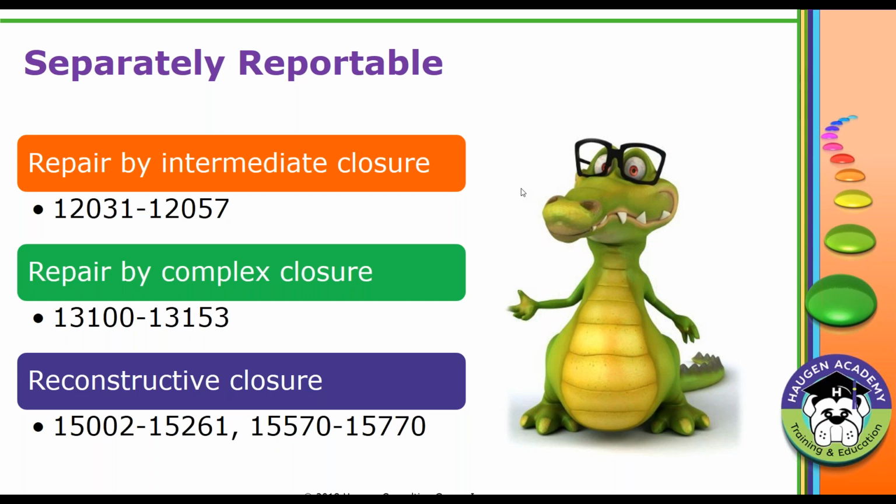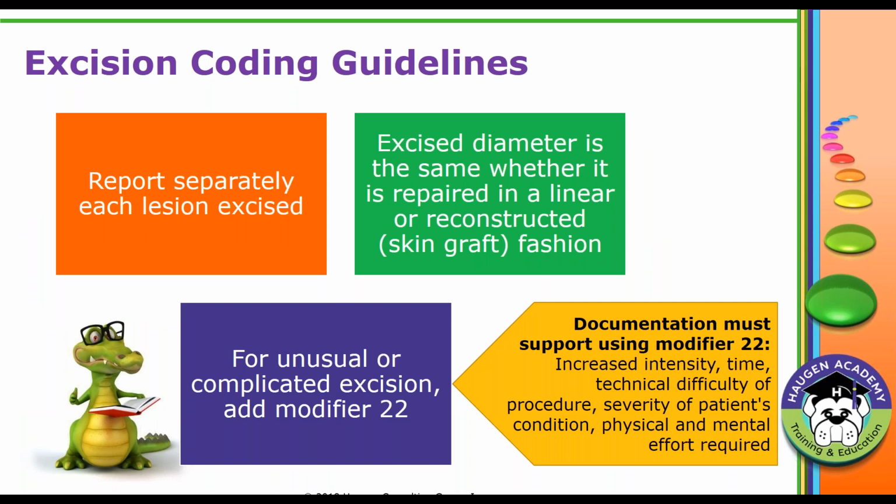So this is something you're going to want to look for in the documentation, and we're going to take a closer look here at the coding guidelines. If you're familiar with wound repair coding, you'll see the excision coding guidelines are just slightly different.